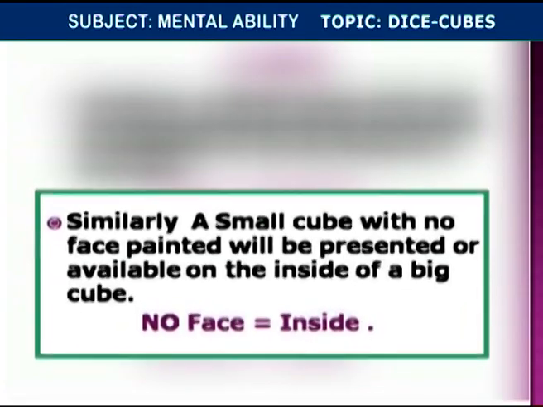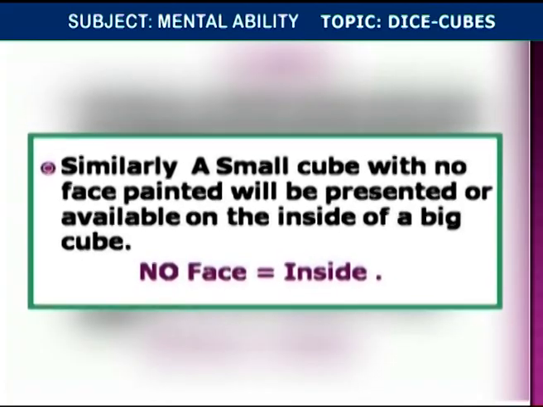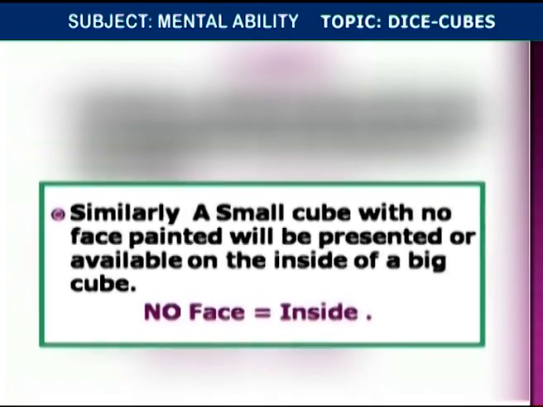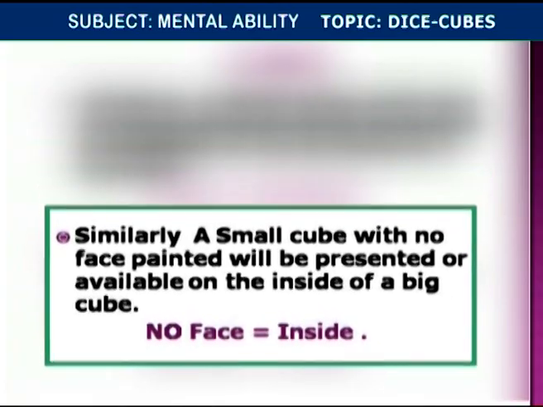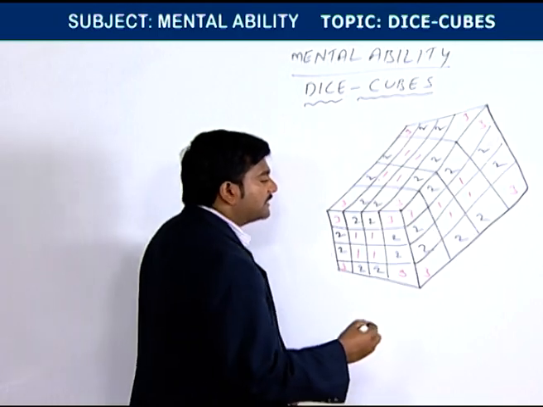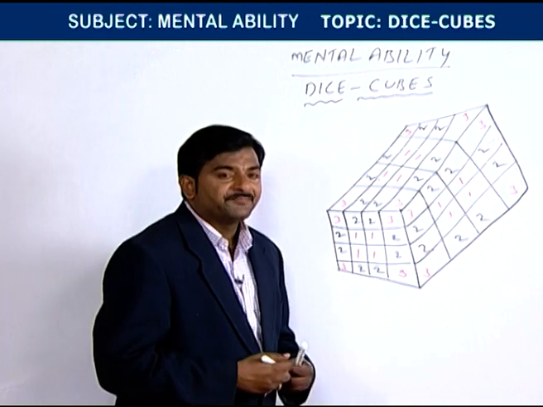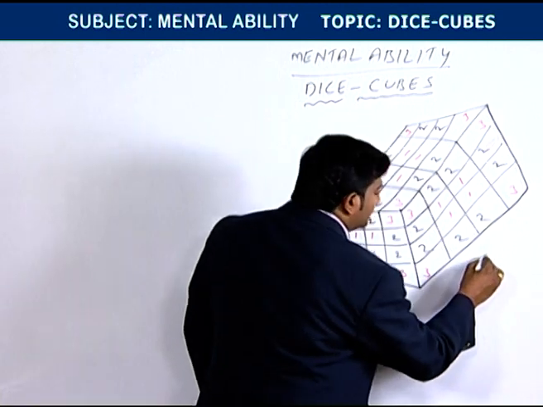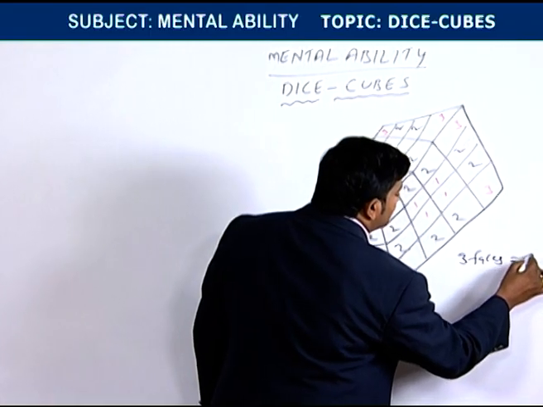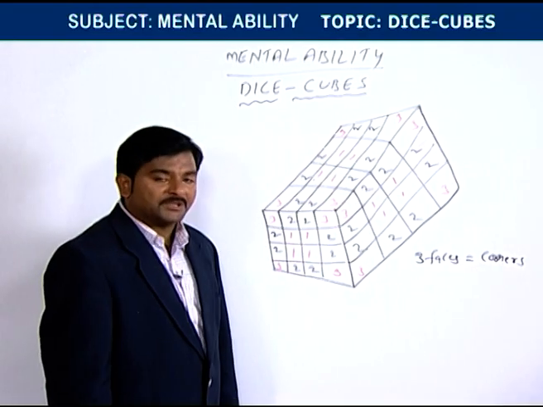Small cubes with 3 surfaces painted will be present on the corners of the big cube. I repeat, dear students, once again: small cubes with 3 surfaces painted will be available only on the corners of the big cube.